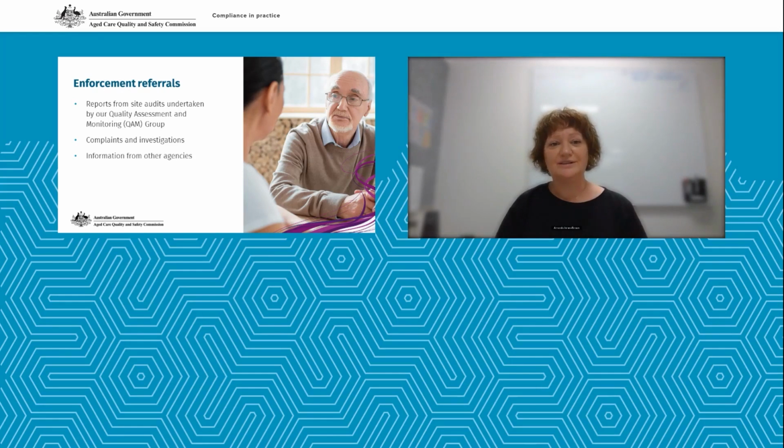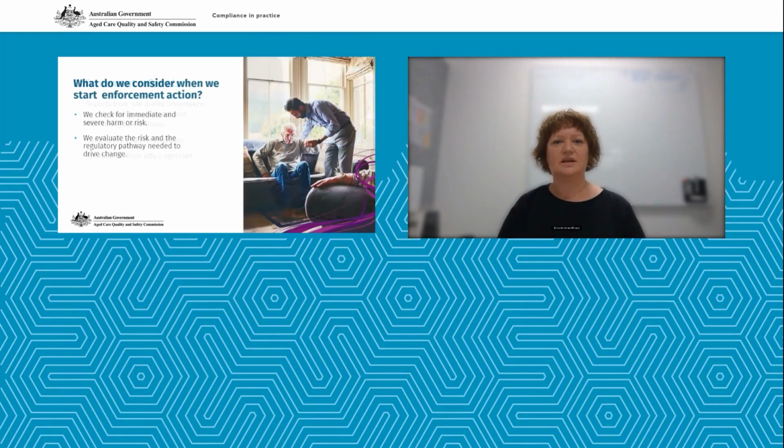What I'll do now is take you through the types of things we consider when we receive a referral for potential enforcement action. I'll start with matters that get referred to us where there are concerns about immediate and severe risk. These types of referrals will usually come to us when an audit or monitoring visit is happening and actual harm is being observed, or there's objective evidence of uncontrolled risk related to non-compliance with aged care obligations.